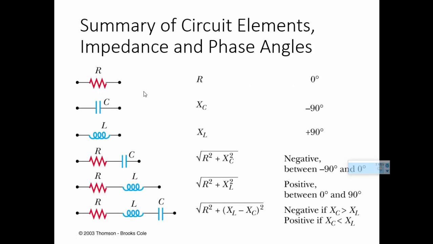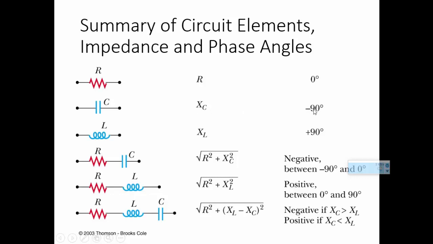Now guys, I'm going to show you right now the summary of circuit elements, impedances and phase angles. So what are we saying? If you just have R, the phase angle is 0, and you understand what I mean, right? There is the capacitor here, and the reactance for the capacitor is XC.